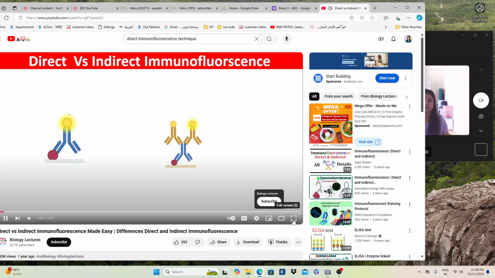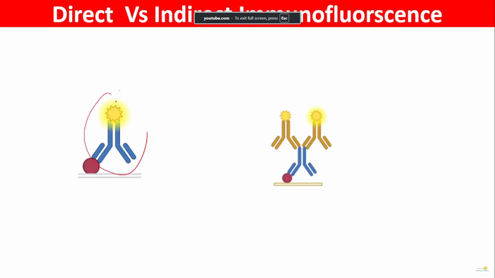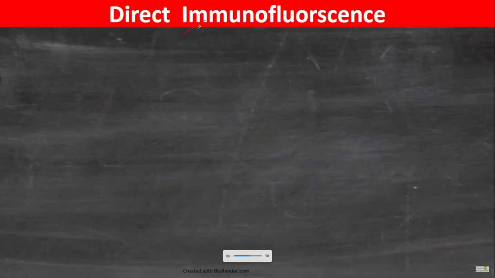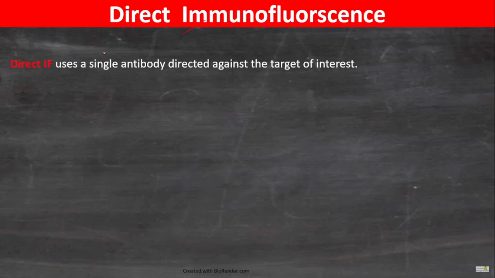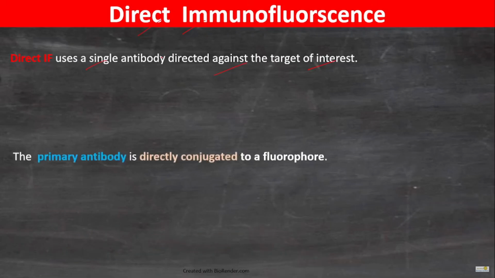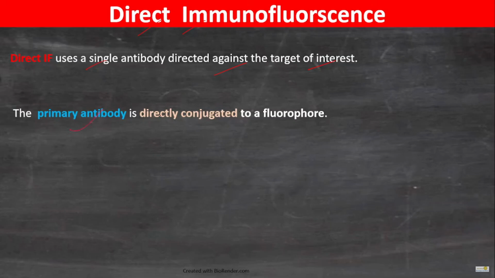Today, I'm going to talk to you about the differences between direct versus indirect immunofluorescence. First, direct immunofluorescence uses a single antibody directed against the target of interest. Why is it called direct? Because the primary antibody is directly conjugated to a fluorophore. And what is a fluorophore?